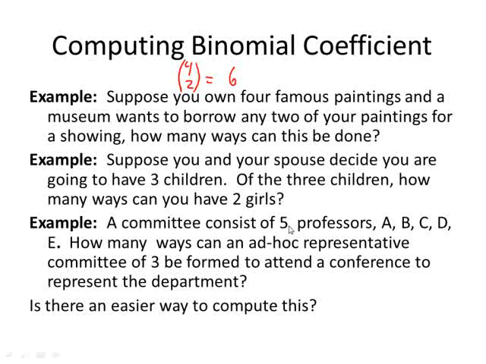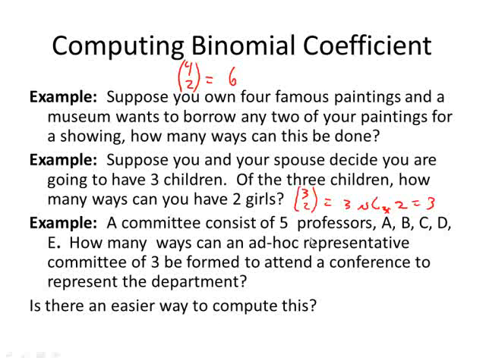But in a combinatorial way, we're going to have 3 children, and from those 3 children, you want 2 girls. So there are 3 choose 2 ways of doing this, which is 3C2, equal to 3.